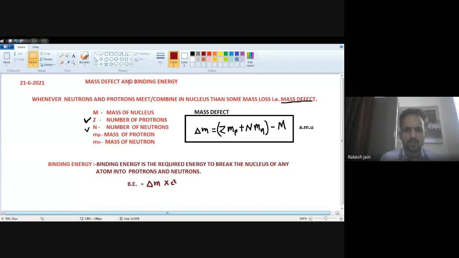This is the standard formula for the binding energy, and the unit for the binding energy is electron volt. But when we put in the calculated value, this C square is equal to 931.5 mega electron volt.